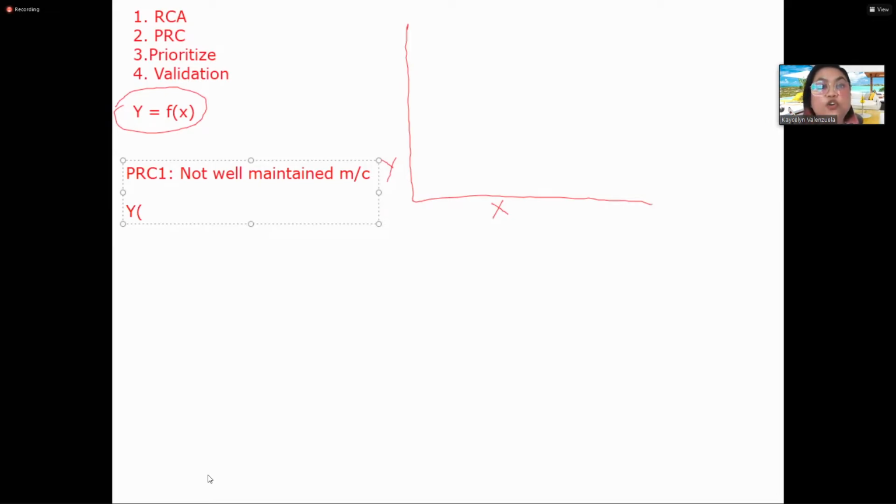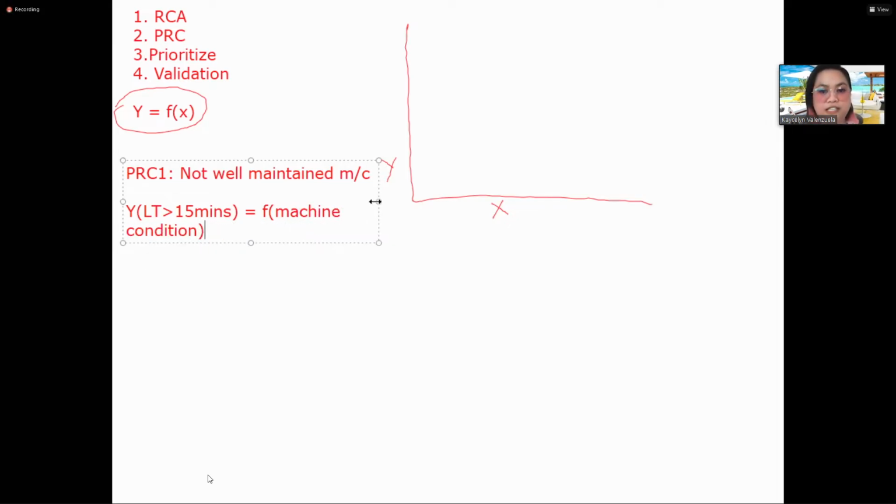Y is always, in your case study, lead time is greater than 15 minutes. Yun yung Y ko. Now, ano yung nag-contribute para mapatunayan ko na lead time is greater than 15 minutes? What are the factors that contributed to it? What are the potential root causes? If it's not a well-maintained condition, it can be machine condition, tama?